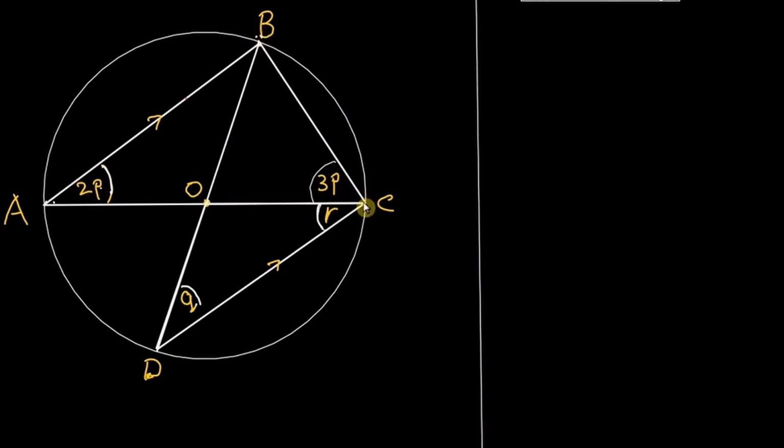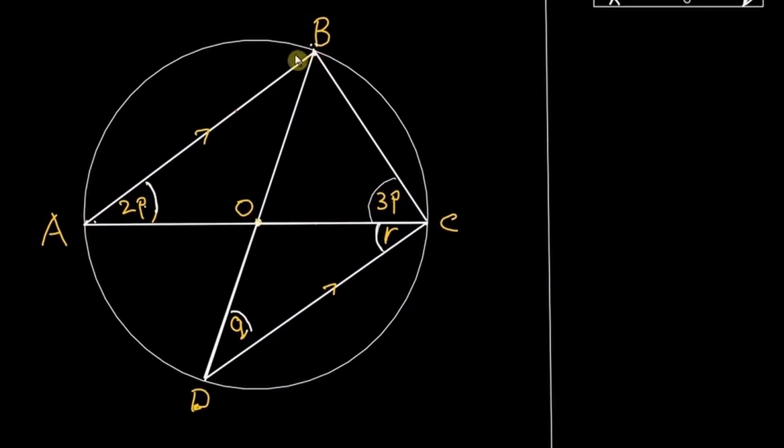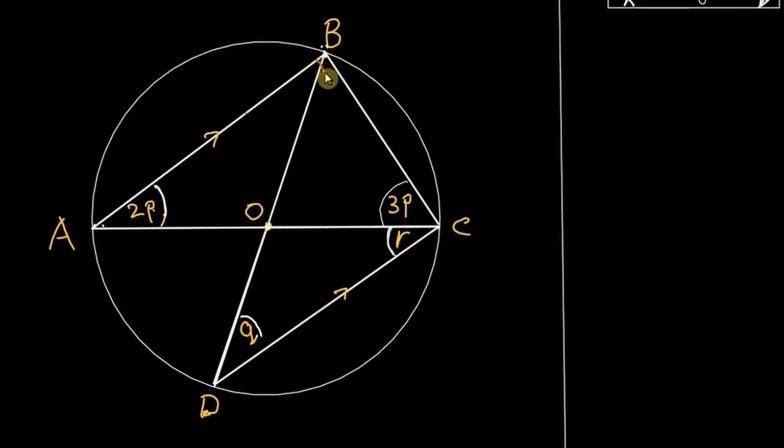Now in order to find BAC, we need to recognize that since O is the center of the circle, then AC is the diameter of that circle, and any angle subtended from the diameter at the circumference, for example B, will be 90 degrees. So we could put B here as 90 degrees. Let's label that 90 degrees. Now that we know that this is 90 degrees, from triangle ABC, where angles in a triangle add to 180 degrees, then it means 2P plus 3P must also add to 90 degrees.